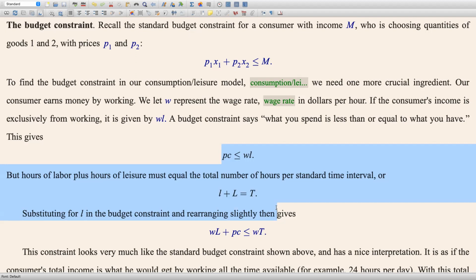Now this thing looks, first of all, like a single budget, with all the information in one. Second, it looks closer to what I have. Importantly, W times capital T is made of parameters, so it is effectively like a constant to me. On the left-hand side, W is the price of this new input, because it's the opportunity cost of taking an hour of leisure.